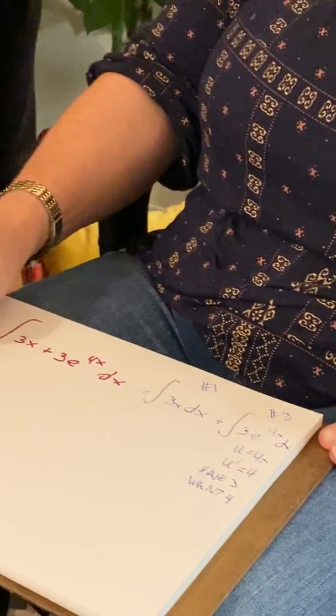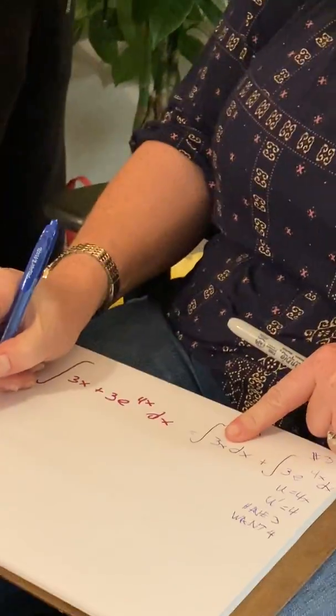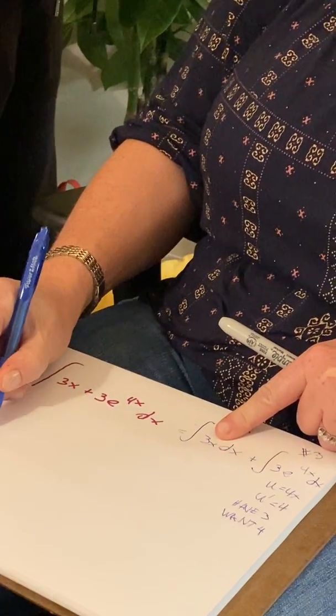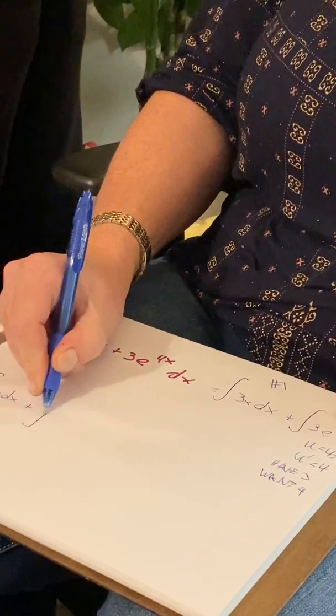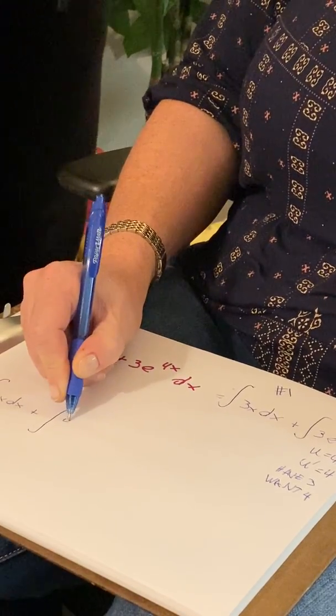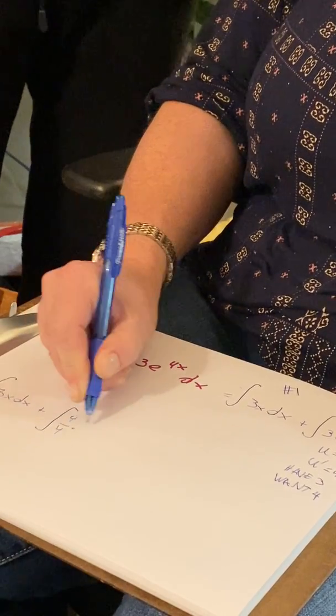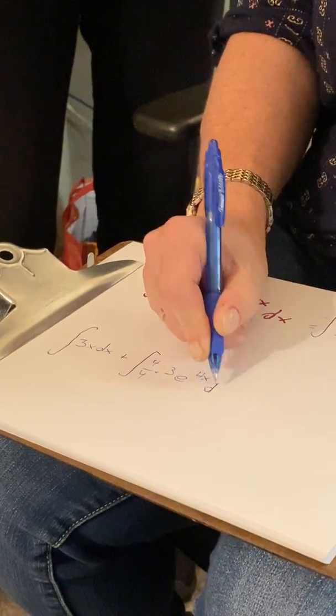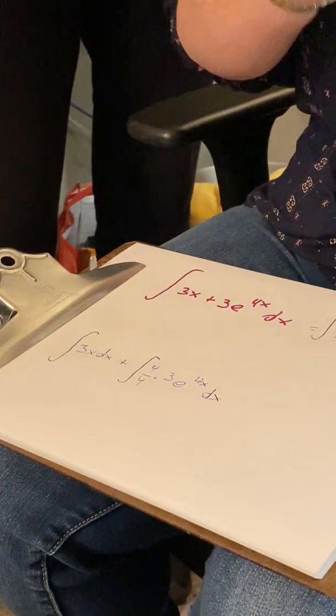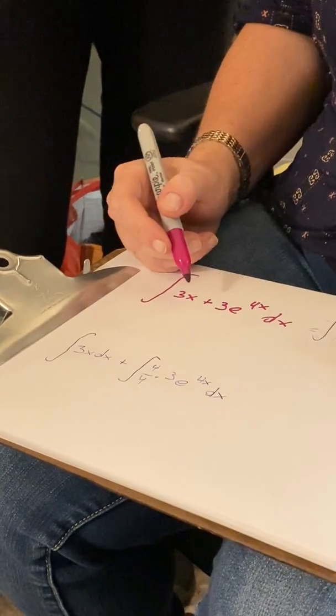So I still haven't integrated this, so the command to integrate stays. You guys with me? And I'm going to add 4 over 4, 4 over 4 times 3e to the 4x with respect to x. Circle what you want. We want a 4.